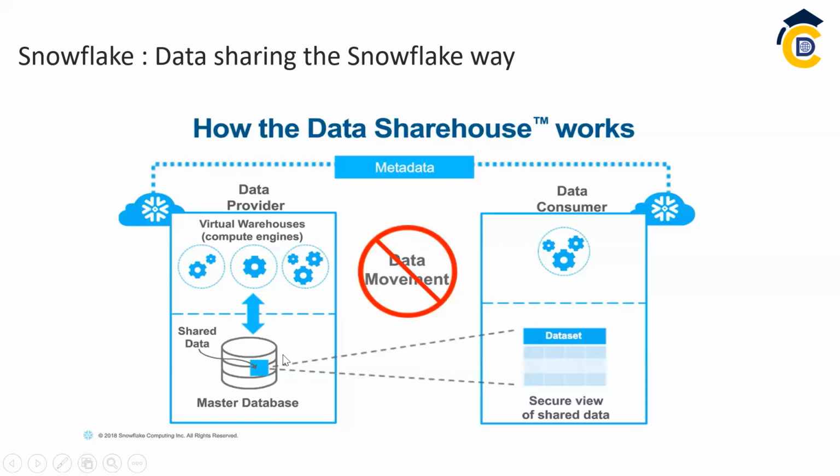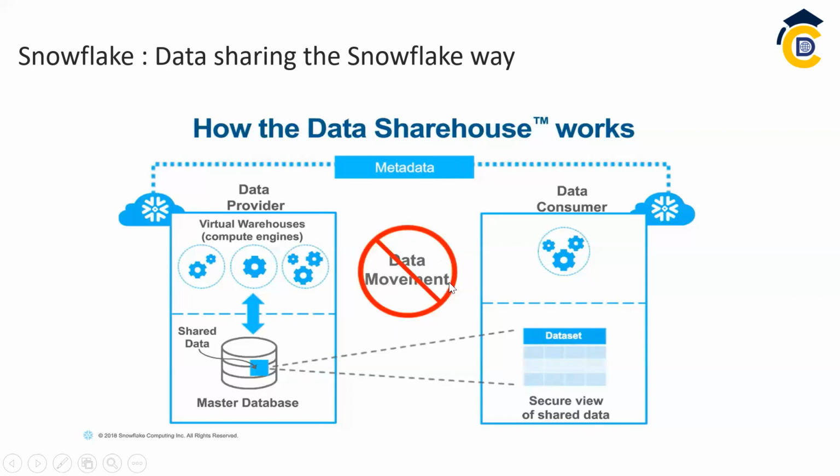So as you can see, through the metadata, this particular consumer will be able to access a particular set of data from the provider without any data movement as such, without any file creation or generation, and then moving it to some staging area. It could be an S3 bucket or some drive on a Unix server, whatever. And as I said, some Python script reads that file and loads it to the database.